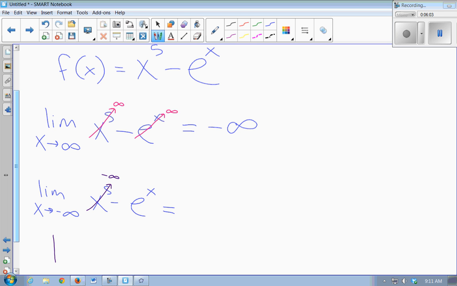Right, because x to the fifth looks like something like this. And when you raise a negative to an odd power, it just comes out negative again. So it'll be really big but negative value. All right, and then e to the x, what happens as x becomes really negative?